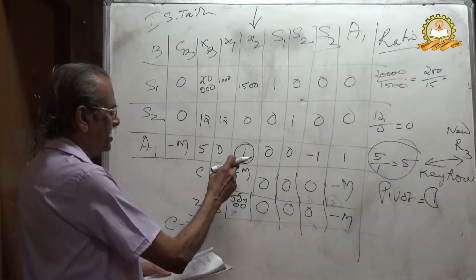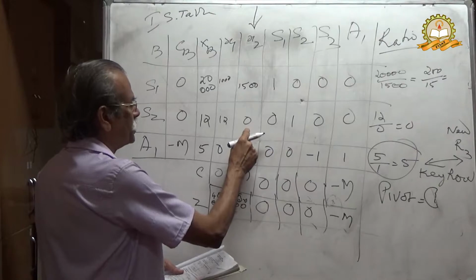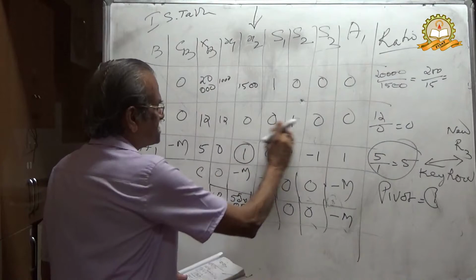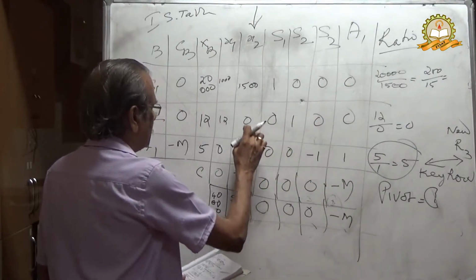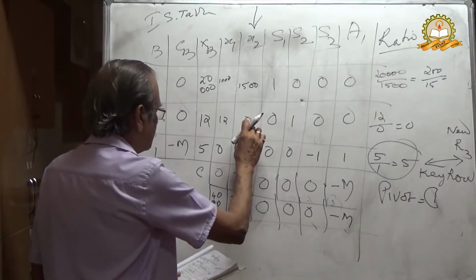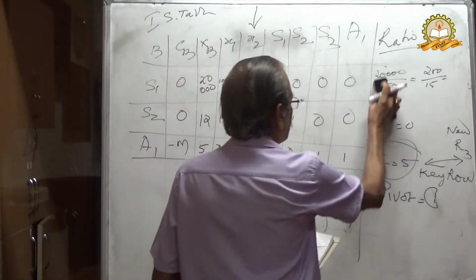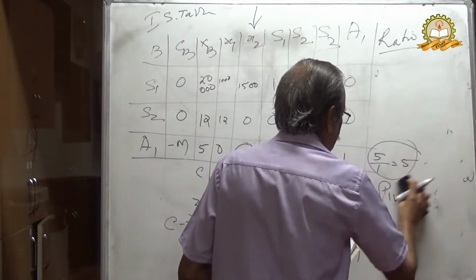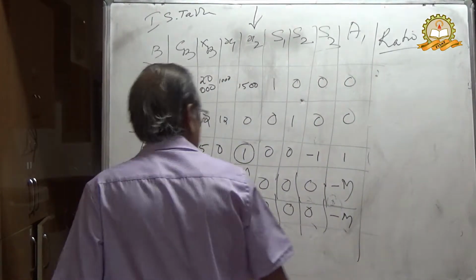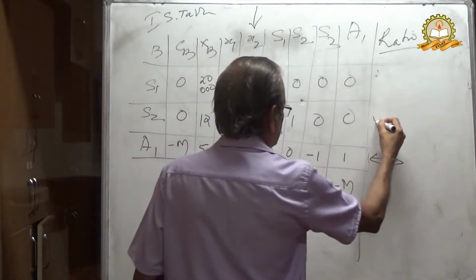Therefore, here you can see above 1 under X2, this is already 0. Therefore, balance calculation is immaterial. Already 0. These two columns are okay.